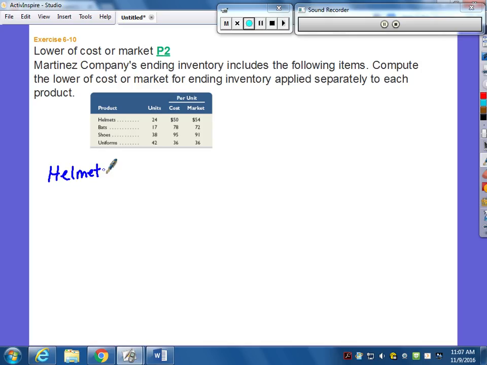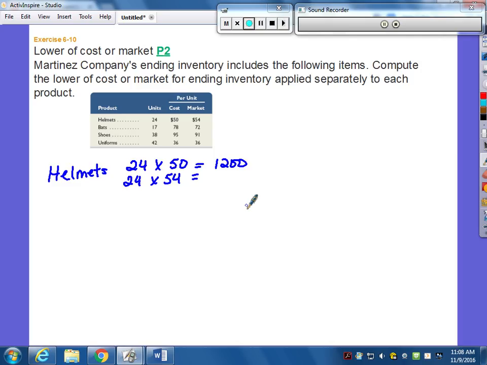And how much did they pay for them? $50. They paid $50 a unit. They had 24 units, right? Times $50, which means the total cost for them was how much? And then the market cost was how much? Instead of $50, it was what? $54, which means that the market says it's worth how much?